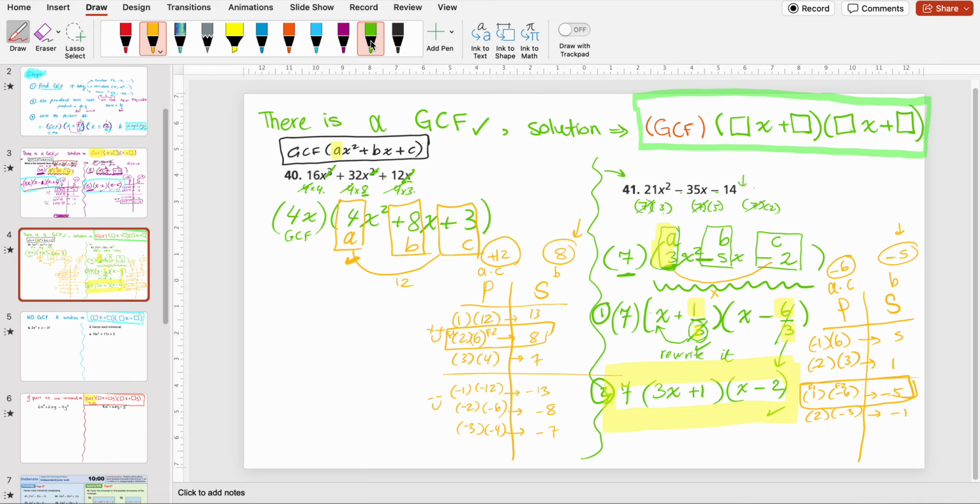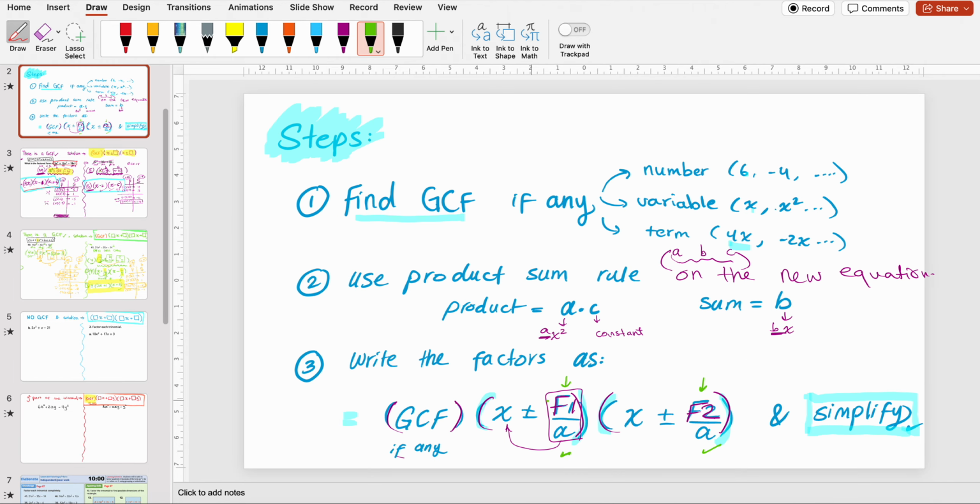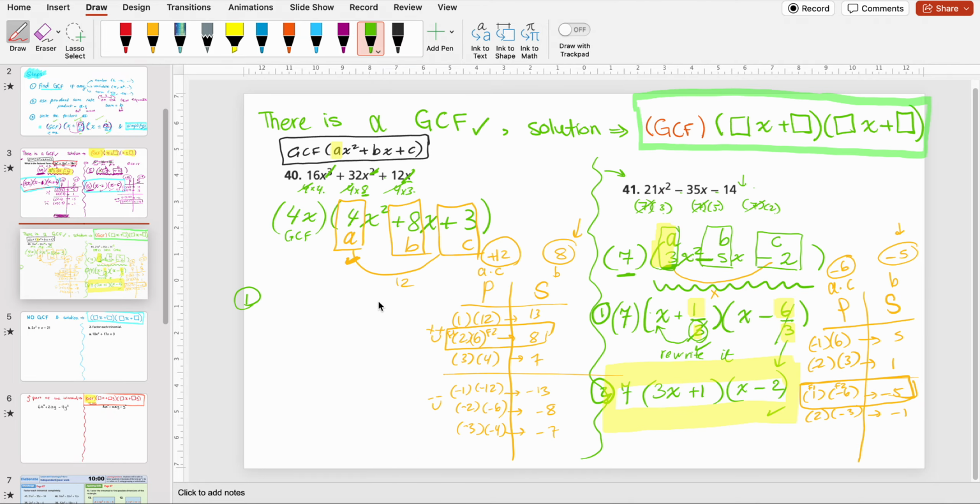Now how do we write the answer? First step, write how your answer looks. Your GCF, if you have it. Your first bracket, which is x plus the first factor over a. Your second bracket, x plus the second factor over a. My GCF, I have it. Then 2 brackets. Why do I have to write these 2 brackets?